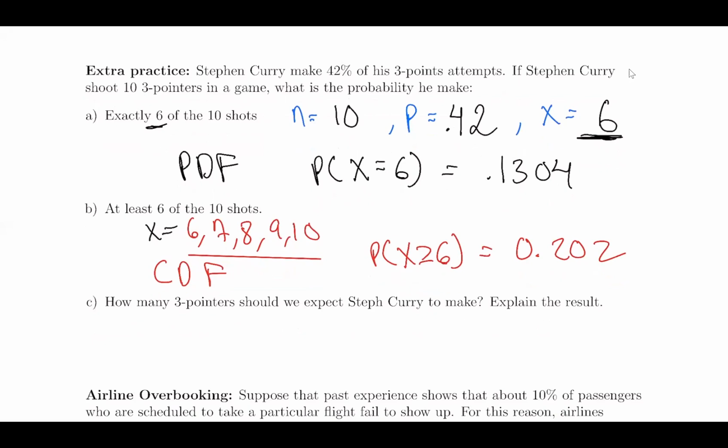All right, so let's do C. So for C, it says how many three-pointers should we expect Steph Curry to make? So for this one, are we finding a probability? Well, if you look at part C, does it say anywhere to find a probability?